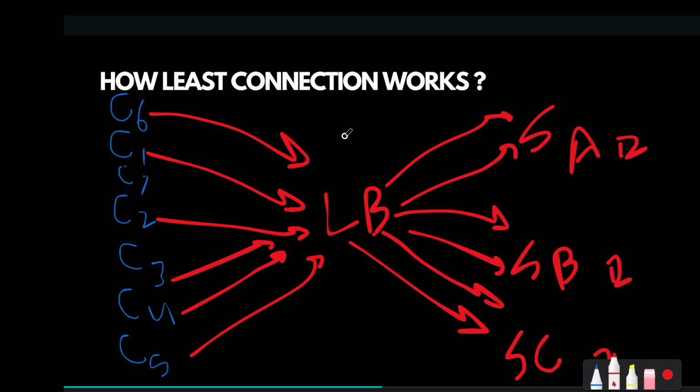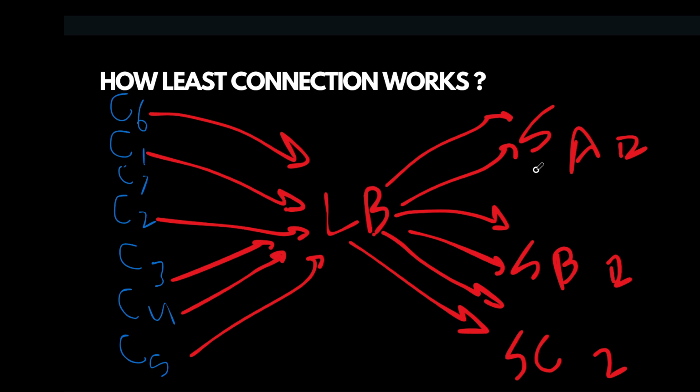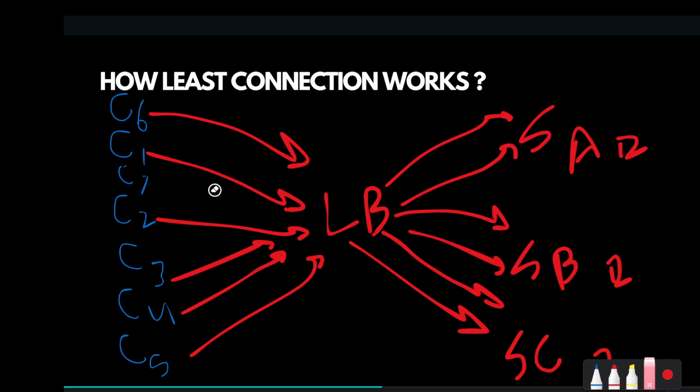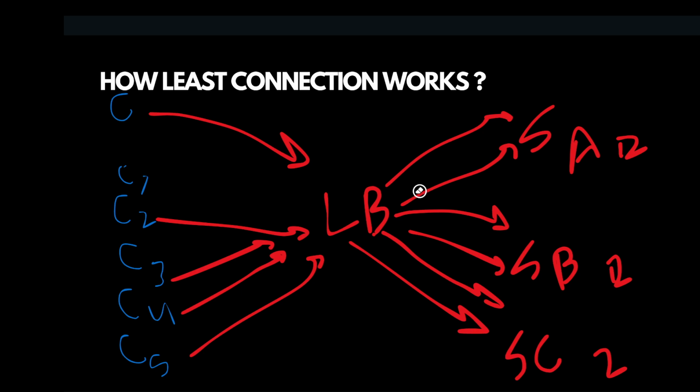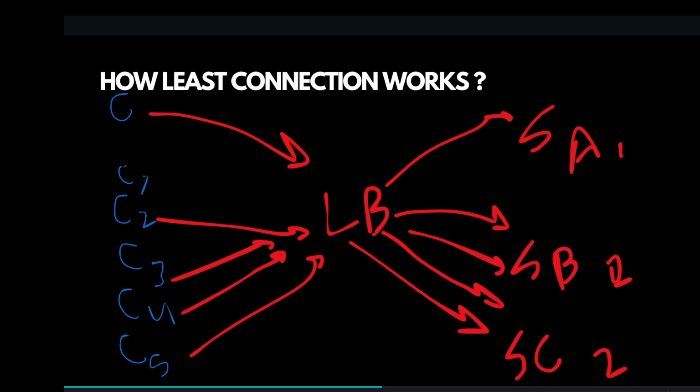So meanwhile, client 1 finishes its task. Let's say that this task is finished. So let's just remove client 1, and server A now has just 1 connection. And we have here client 7. Client 7 now will send a request to the load balancer.